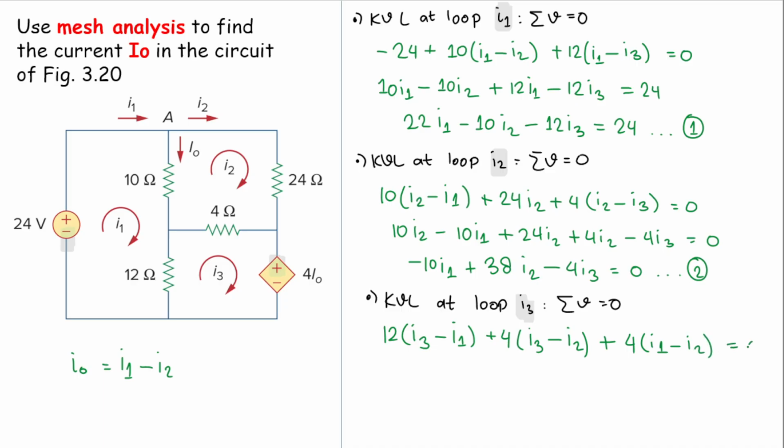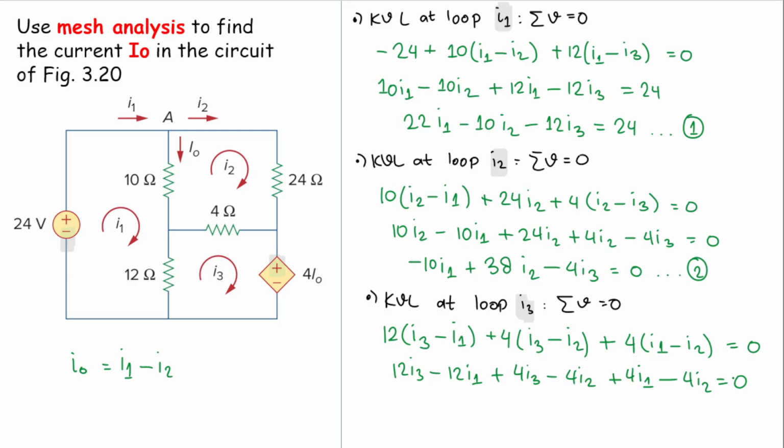And all of that will equal 0. Okay, so now we will have 12 I3 and then minus 12 I1 and then plus 4 I3, then minus 4 I2 and then plus 4 I1 and then minus 4 I2. All of that will equal 0.